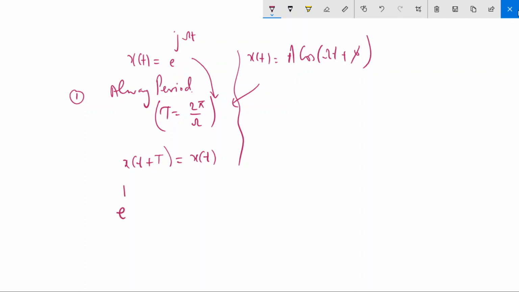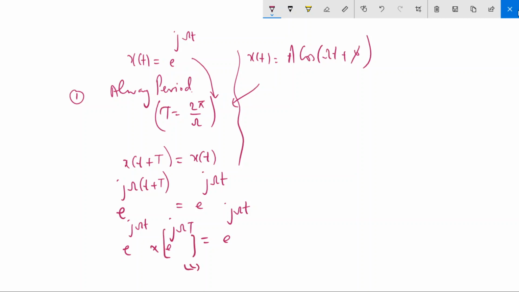It means e raised to power j omega (t plus T) should be equal to e raised to power j omega t, or you can say e raised to power j omega small t multiplied with e raised to power j omega capital T should be equal to e raised to power j omega t. These two sides will be equal only if this factor becomes 1. So for this signal to be periodic, e raised to power j omega T must be 1.